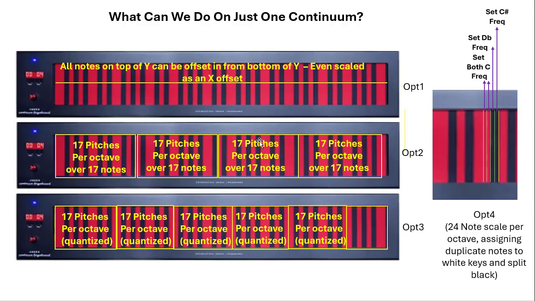Well, on one continuum, there's another possibility, and that's I can use the pitch table editor or another tuning program to split the octave into 2 notes per note, a 24-note scale per octave instead of 12. And then maybe what I can do is set the white notes, or the red ones in this case, on the continuum, both to the same frequency, and the black note, which I've now split into 2 parts because I'm 24 notes per octave, I can set each one of those parts to a different frequency that I want to support my 17-note scale.